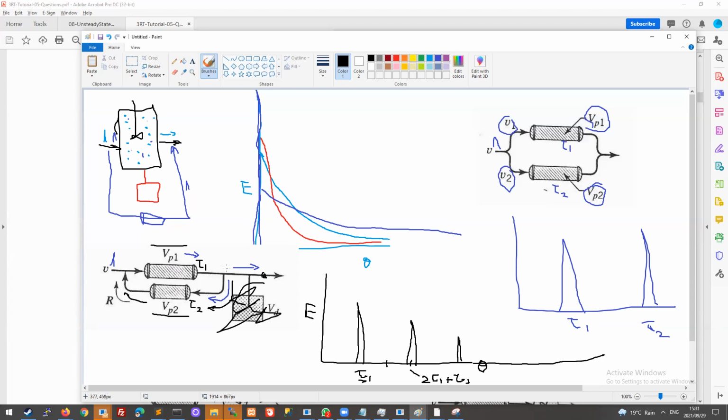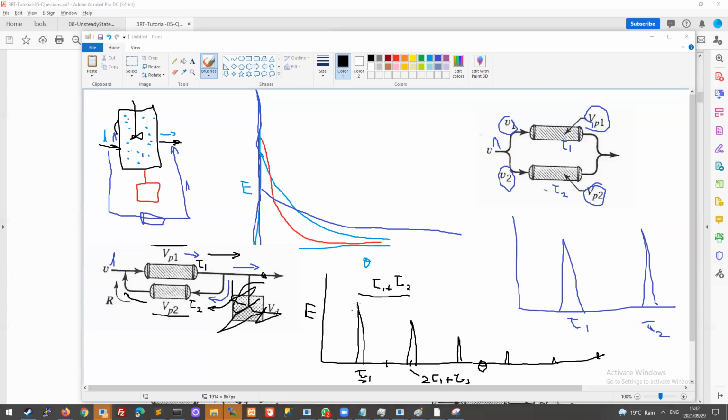And it keeps going like that. Each time you get another plug coming through, a fraction of it will get recycled. And so you have a series of disconnected peaks like this that never really die out. The distance here is constant; it's always tau 1 plus tau 2. If you look at this curve, it looks like a combination of a CSTR and a PFR.